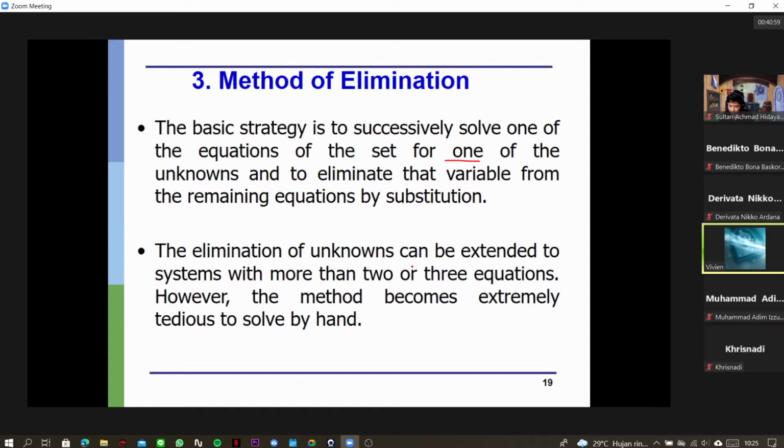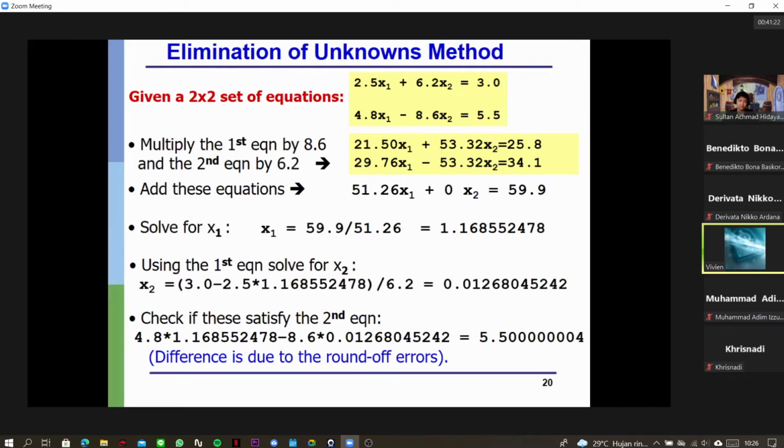It means that if you want to do it manually, it's not very easy. This method becomes the basis for the numerical method we will learn later, which is Gaussian elimination. The basic concept is similar: eliminating the variable so we end up with only one variable, so that we can solve for that variable. Okay, so we see here an example of elimination.